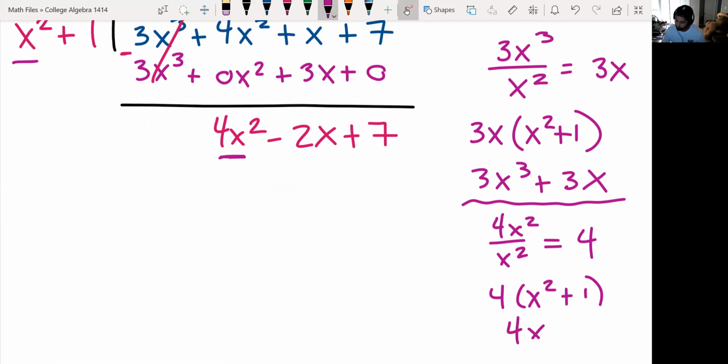And we'll get 4x squared plus 4, which is going to go underneath the new dividend. So 4x squared, we didn't get an x, so you can leave it blank. Or again, you can account for it, plus 0x plus 4.